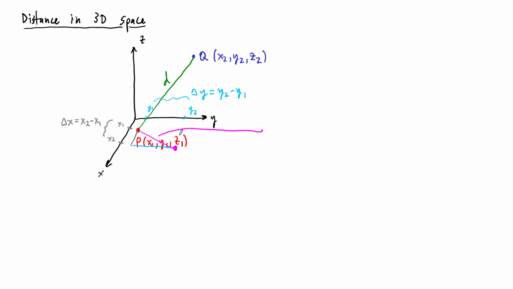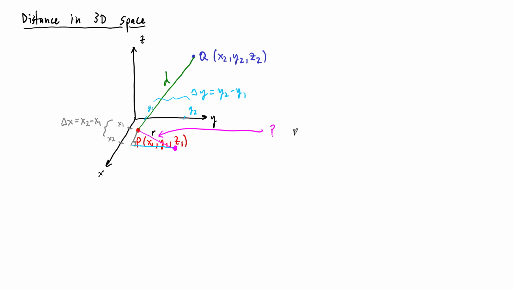And so I want to know the length of this magenta segment. Well, look at what we've done: we've created a right triangle here. The two segments that we've described the length of are the legs of the right triangle. And so by the Pythagorean theorem, we can compute the length of this magenta segment. I'm going to call it r over here.